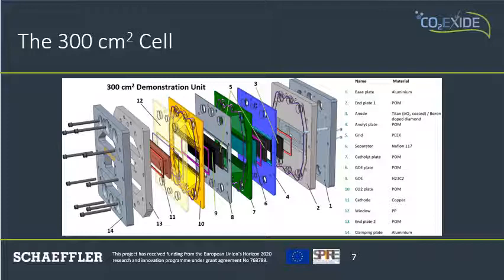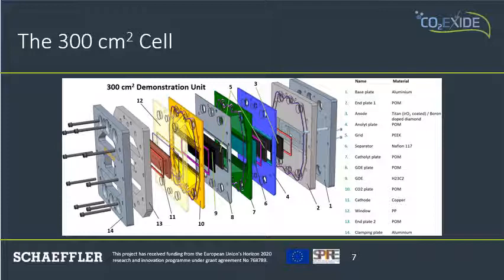The anode number 3 can be equipped with iridium oxide coated titanium substrates or with boron doped diamond coated niobium substrates. The flow grid number 5 in the anolyte and the catholyte chamber was made of PEEK. Nafion 117 was used as membrane number 6.